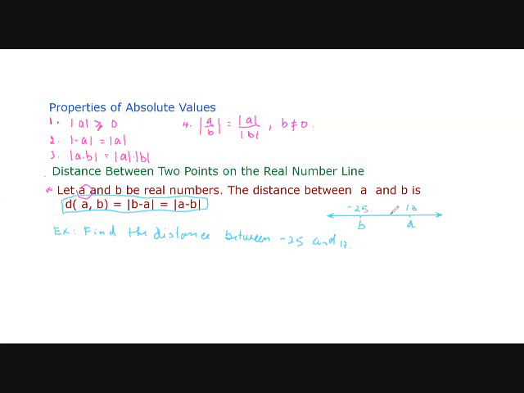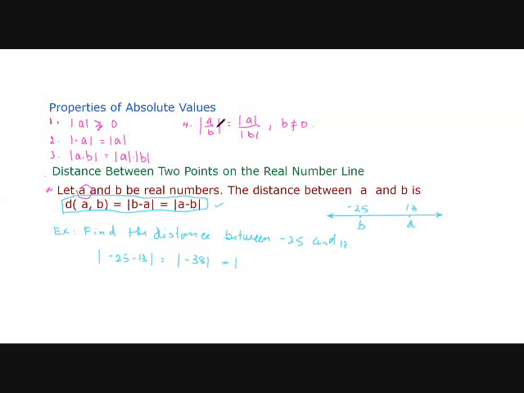Either way you can do it according to the definitions. If you start with negative 25 minus the original point here, we become absolute negative 38, and then this equals absolute 38.